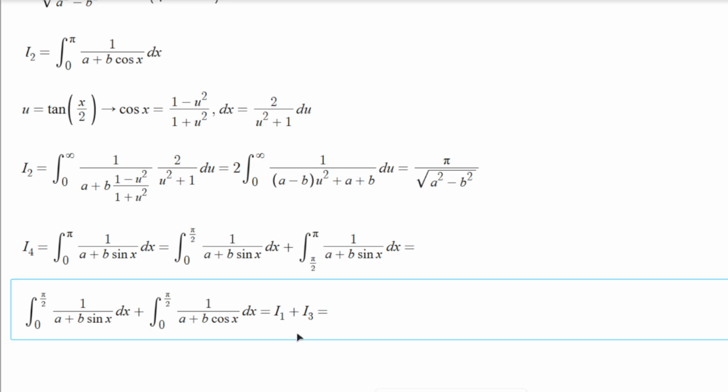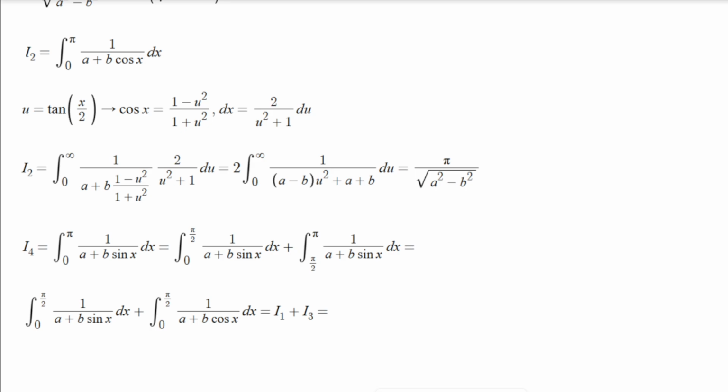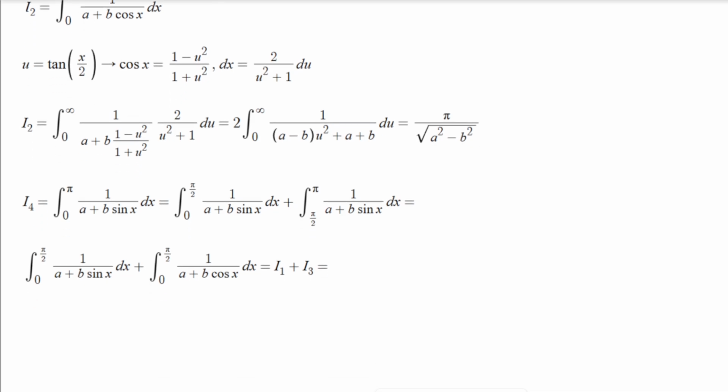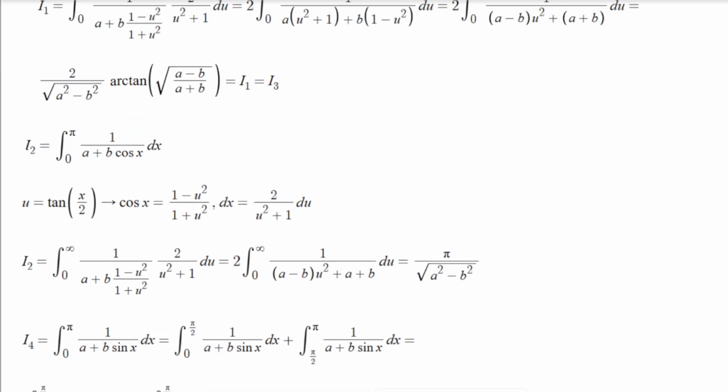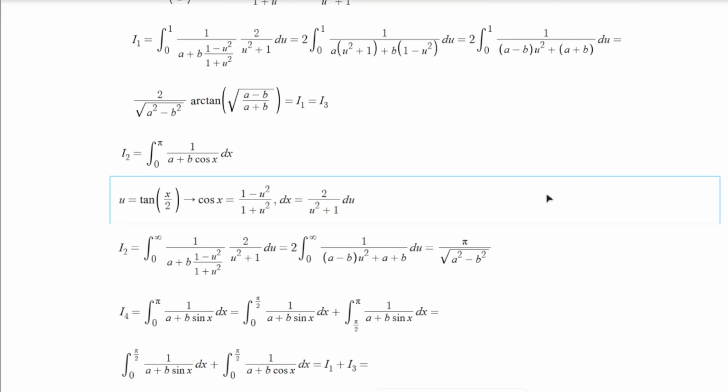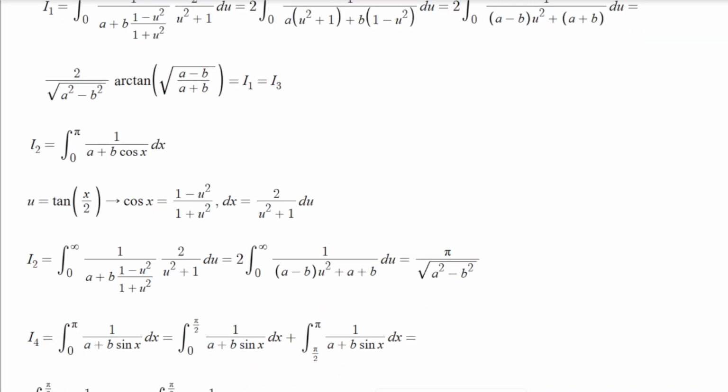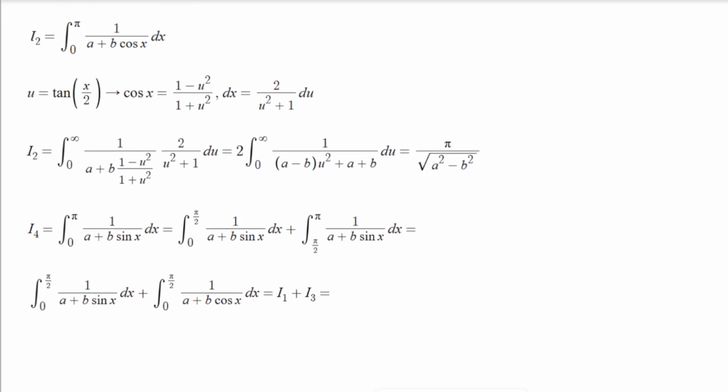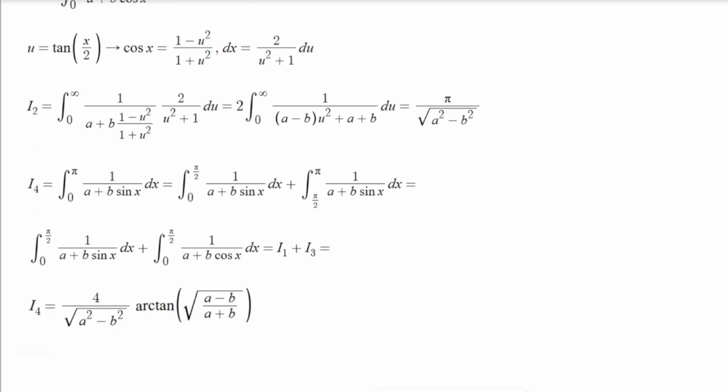And that is equal to I sub 1 plus I sub 3, or just 2 I sub 1, however you like, because those things are equal to each other, and they happen to be equal to this. So I sub 4 is just 2 times that, which is this.